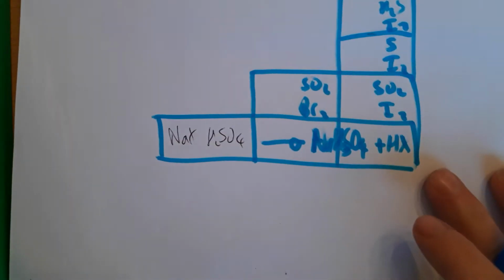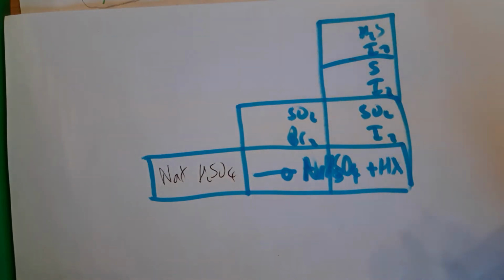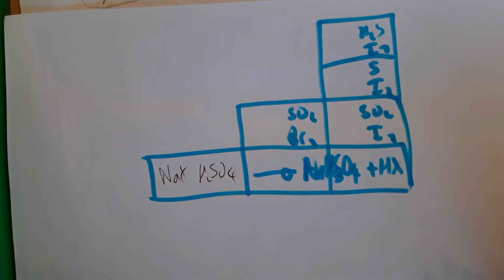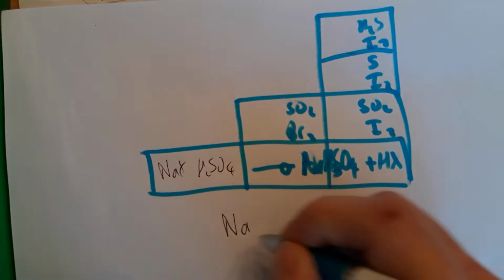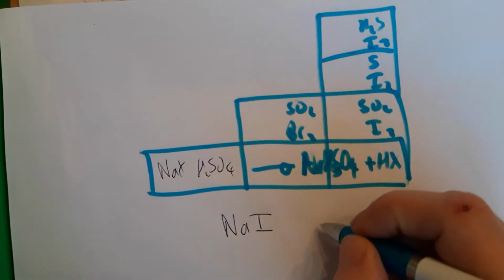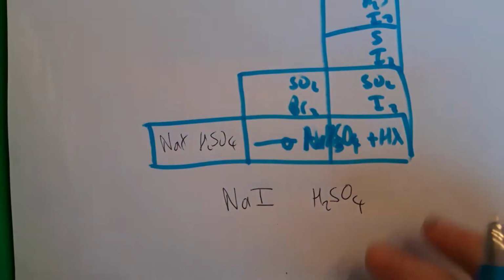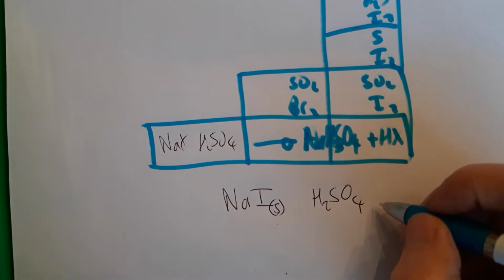So the examiner might be describing something where it says an eggy smell was produced. And let's go with this. A choking gas was produced when sodium iodide reacted with concentrated H2SO4. Or they might say when solid sodium iodide reacts with concentrated H2SO4.